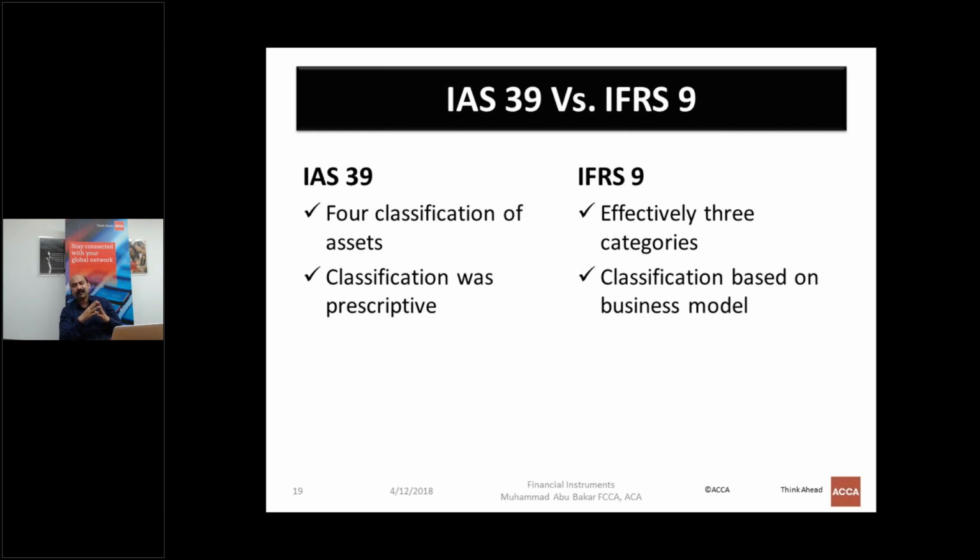Means, in simple words, if your model is such like you hold them for contractual cash flows as well as you sell them as well, whenever you find a beneficial opportunity, there you do not have any option. Under IFRS 9 you will have to go for fair value through other comprehensive income.